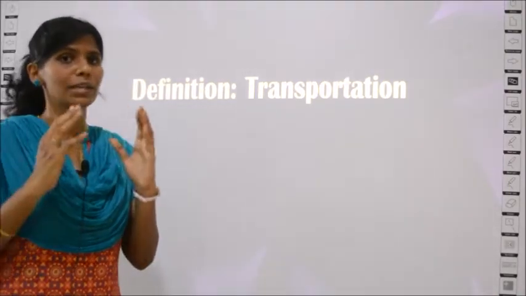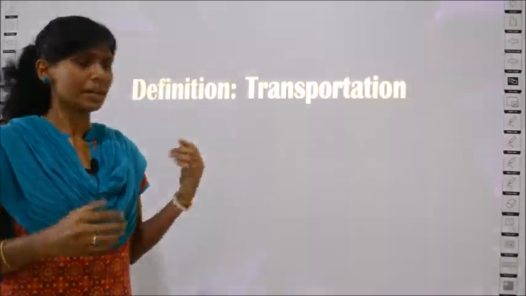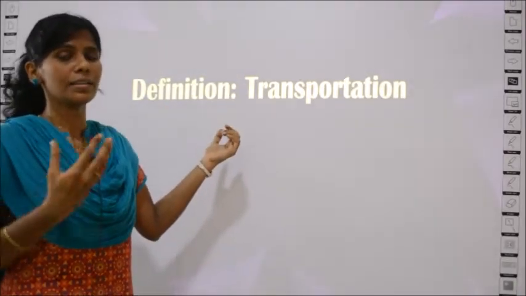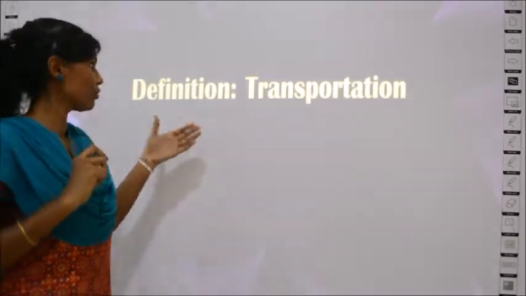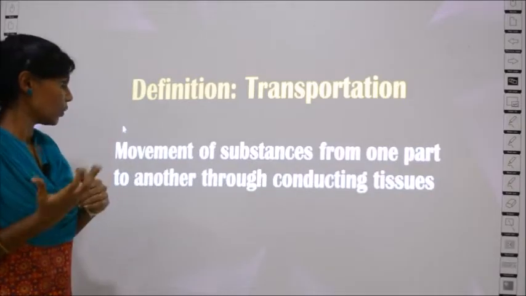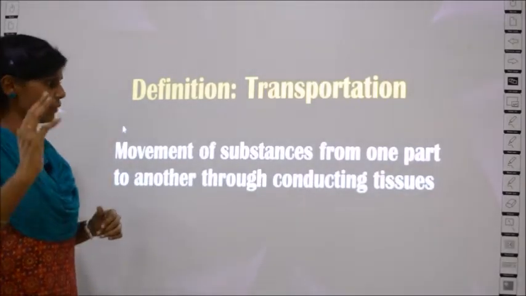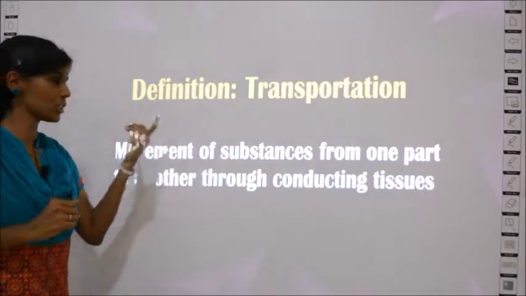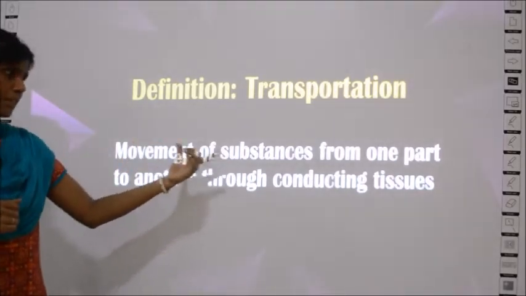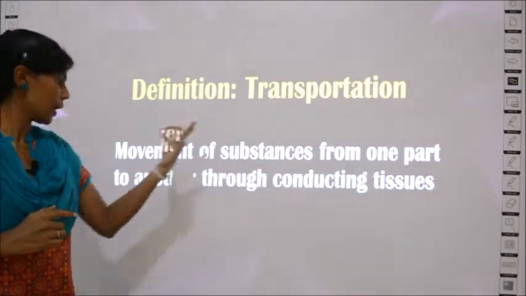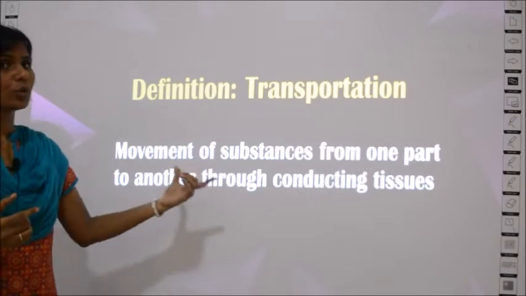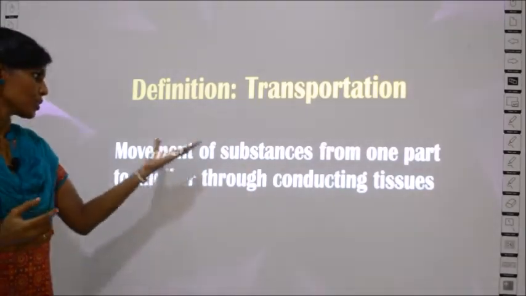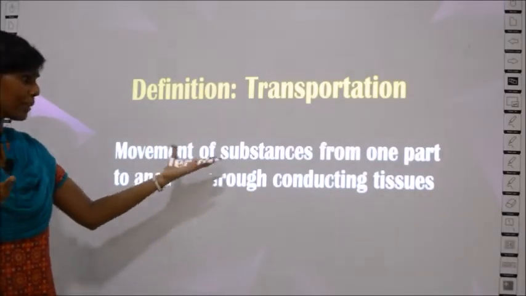So you are now clear with transportation. Now let's learn the definition for transportation. What is it? The movement of substances. Transportation is the movement of substances from one part to another through the conducting tissues. What are the substances that move?